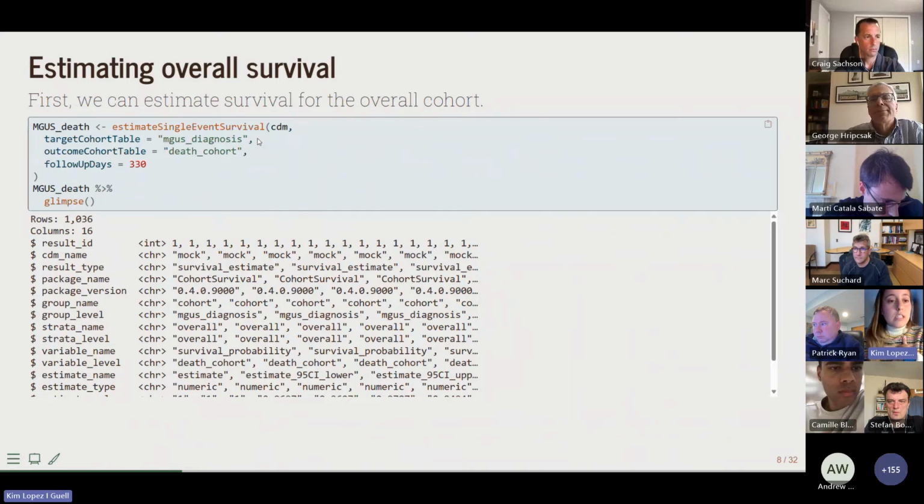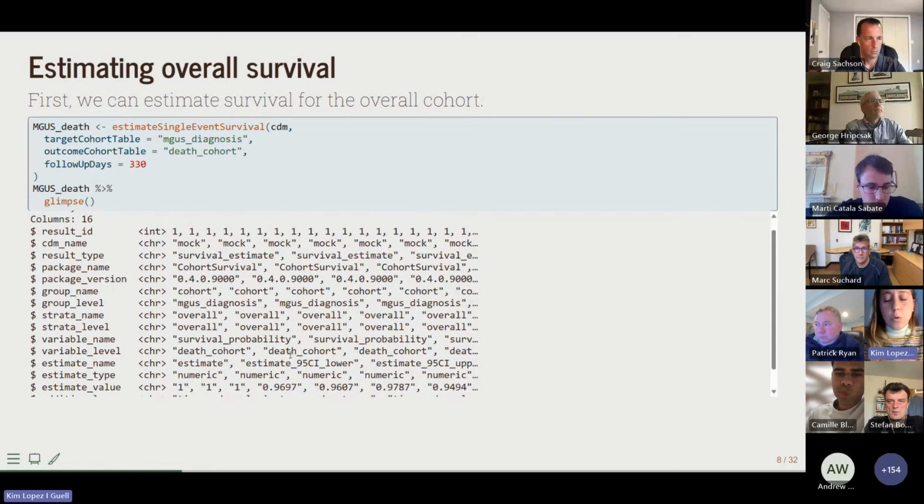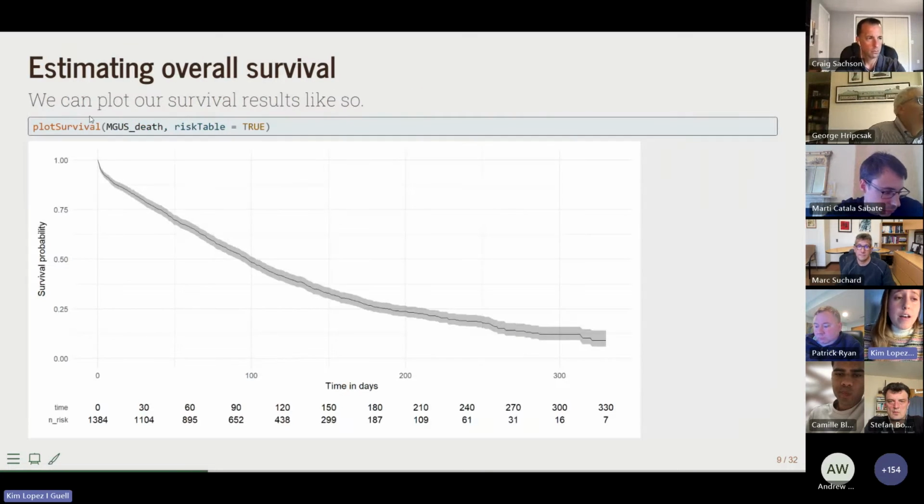Then this function outputs all the survival estimation, like the probabilities, in a format that we call summarized result, which is an output format that we use across all the Darwin packages. And we have an inbuilt plot function. You can specify a risk table and other things to plot these Kaplan-Meier curves.